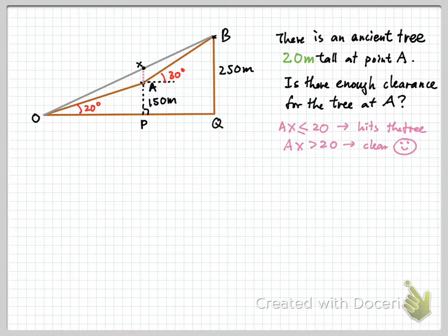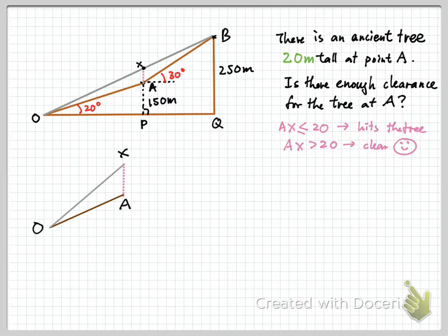Now to do that, once again, we need the focus triangle. We can do it with the focus triangle AXO. All right, this one. Point O is somewhere here, and the cable car is OX. So we can do it in triangle OAX.